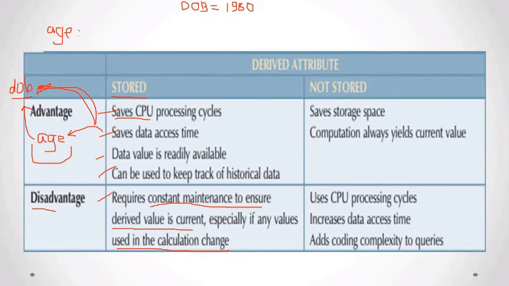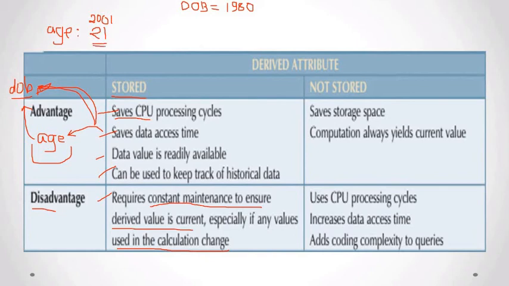So, what's the age of this person in year 2001? So obviously that's 2001 minus 1980. So the person is 21 years old. Okay, so you store this.